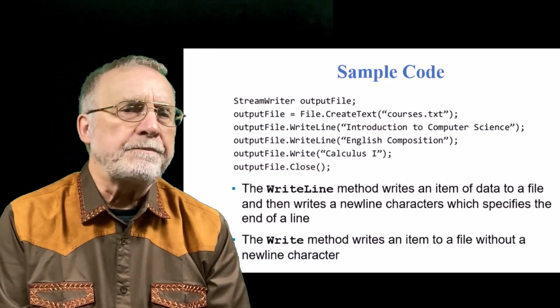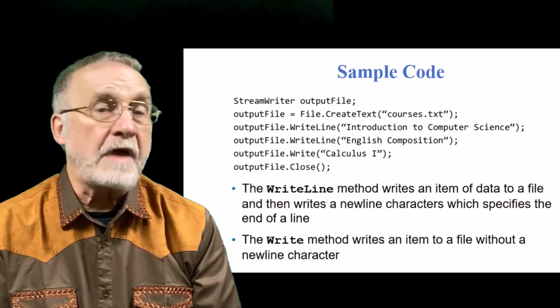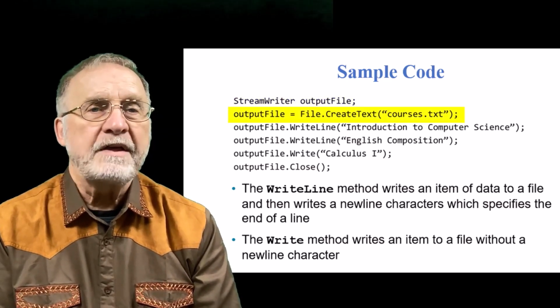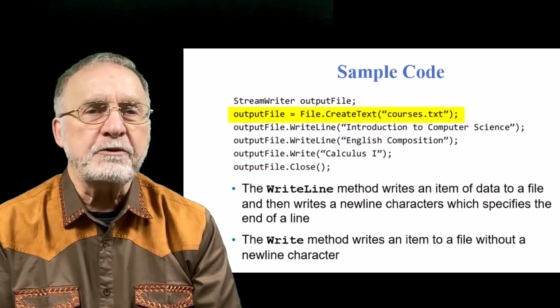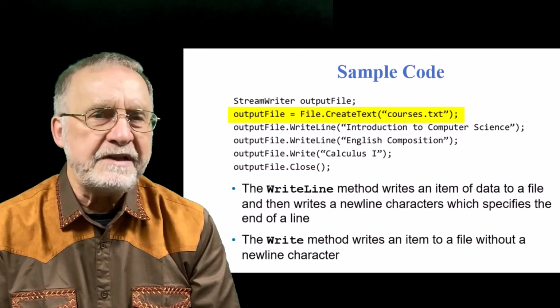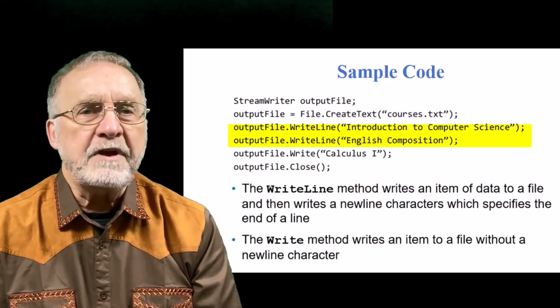This is sample code. It uses no loop. It simply defines a StreamWriter object as output file. In the next statement, output file is created using the file.createText method, and here it actually names the file we'll be creating on disk, courses.txt. The next two lines write some data to the file.